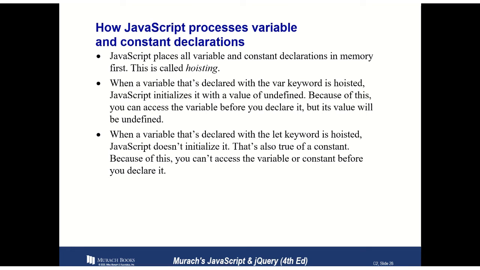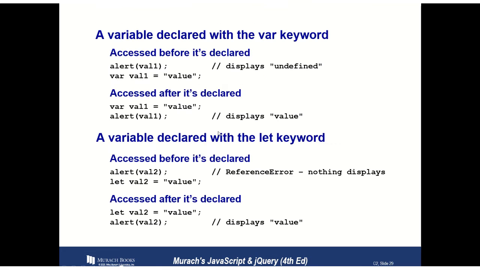Because of this, you can access the variable before you declare it, but its value will be undefined. When a variable declared with the let keyword is hoisted, JavaScript does not initialize it. That's also true of a constant. Because of this, you cannot access the variable or constant before you declare it.